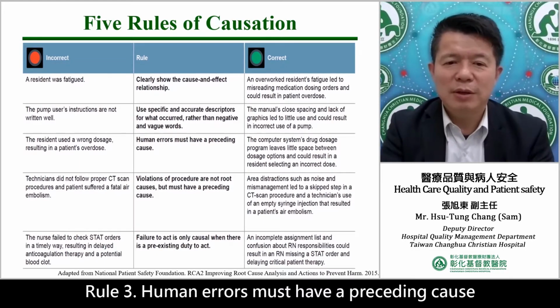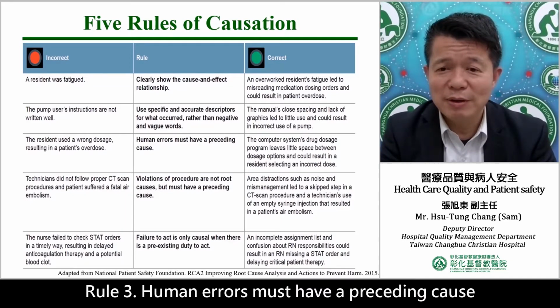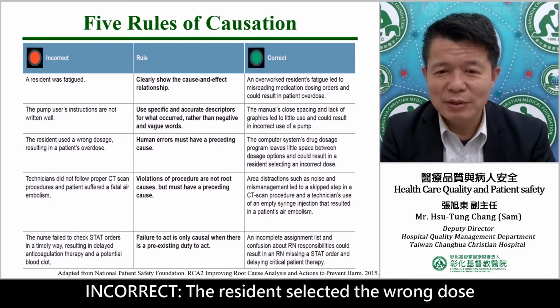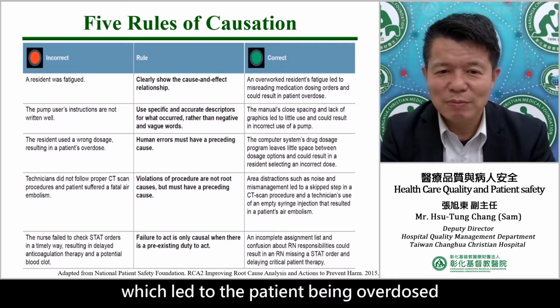Rule 3: human errors must have a preceding cause. Incorrect: the resident selected the wrong dose, which led to the patient being overdosed.